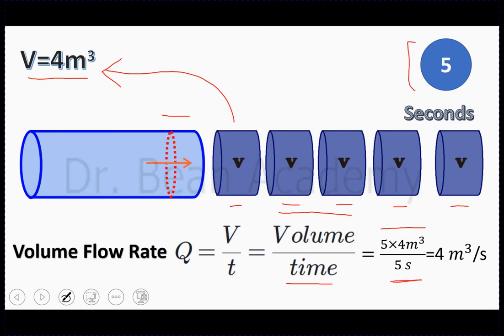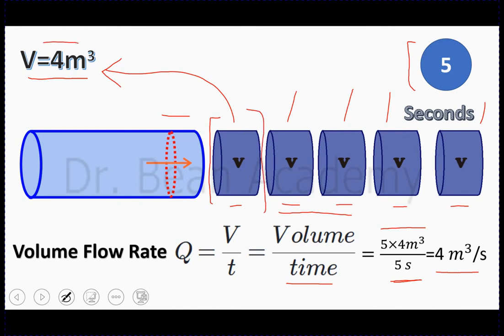Now this time the same volume, and there are still 5 pieces, but they passed in 5 seconds. If you remember, in the previous case it was 10 seconds. So it means this time they were faster. So we can see that it is 4 meter cube per second, and each of these volumes of water is 4 meter cube.